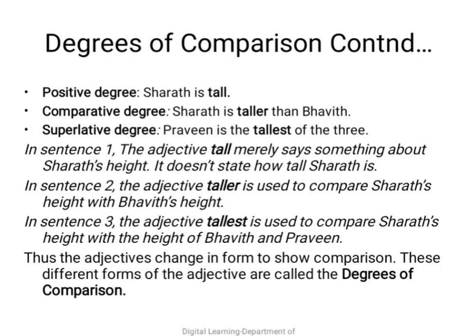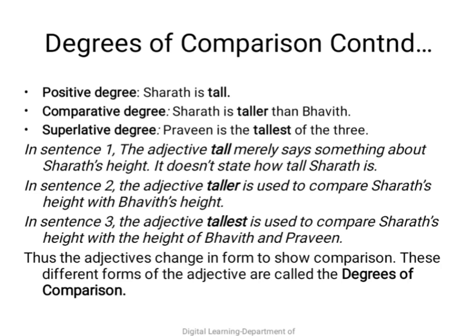Whereas when you change this sentence to comparative degree, then you compare him with some other person. Sharat is taller than Bhavit. When you come to superlative degree, you change the sentence as Praveen is the tallest of the three.